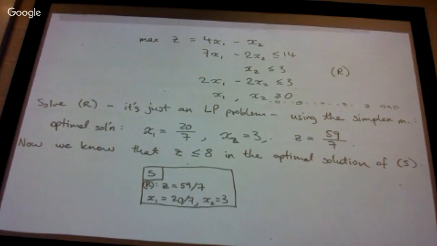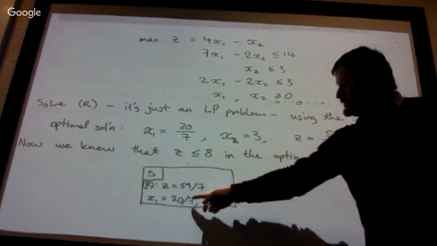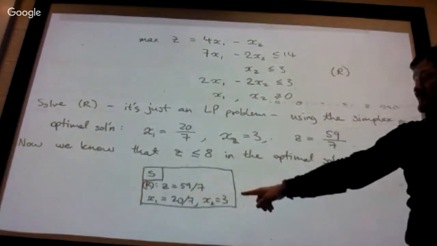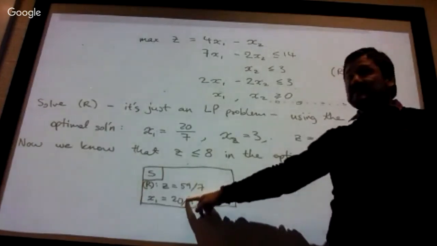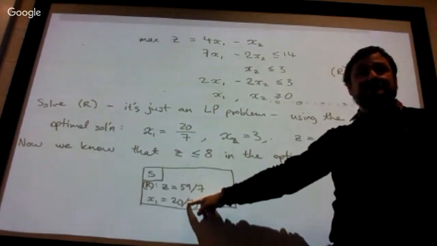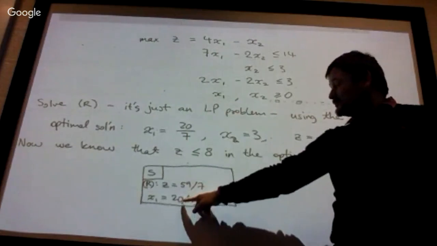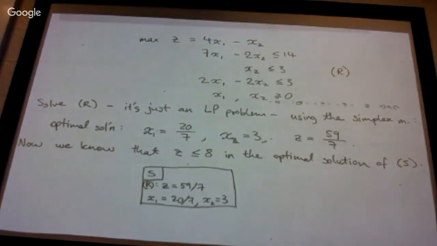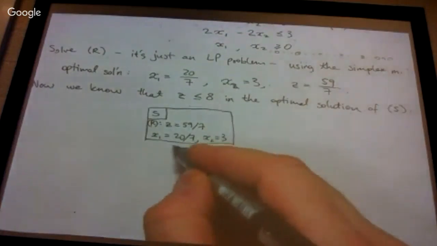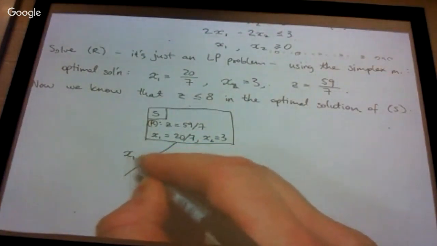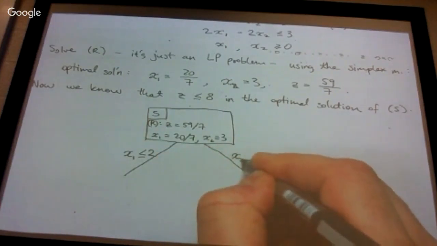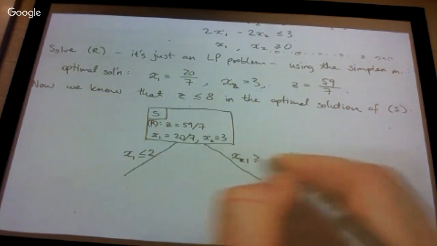So the way this is normally done is you look at something that has a fractional value, so in this case x1. Now you know that the best value for x1 seems to be somewhere between 2 and 3. So what you do here is you look at all the possibilities where x1 is no more than 2, and on the other side you have x1 is at least 3.